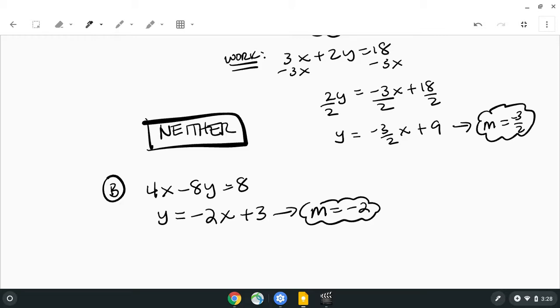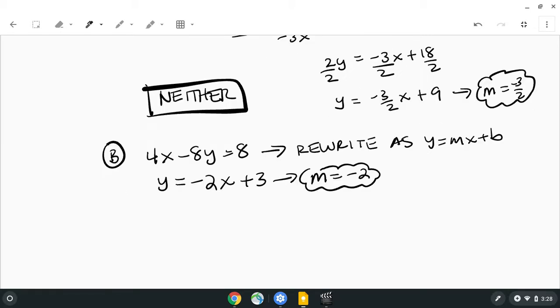This one, this top equation, is in standard form, so I cannot identify what the slope is right off the bat, so I need to rewrite as y equals mx plus b. Okay, so let's go ahead and do the work down below.